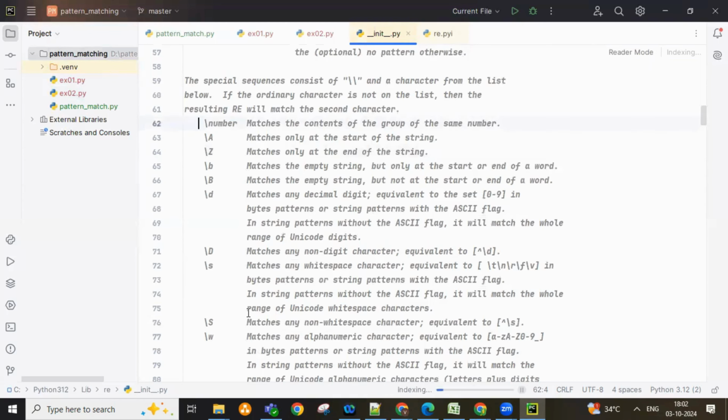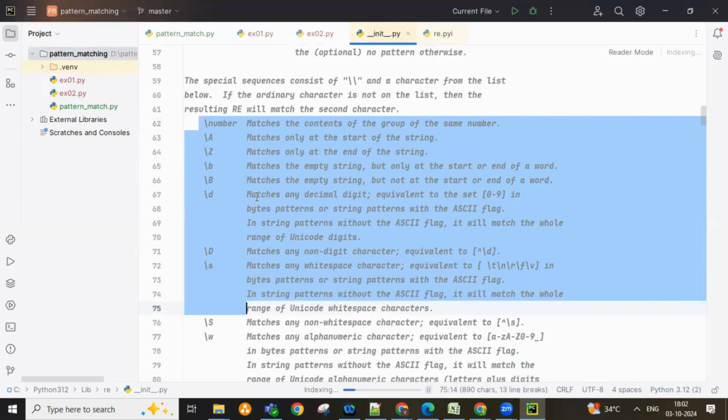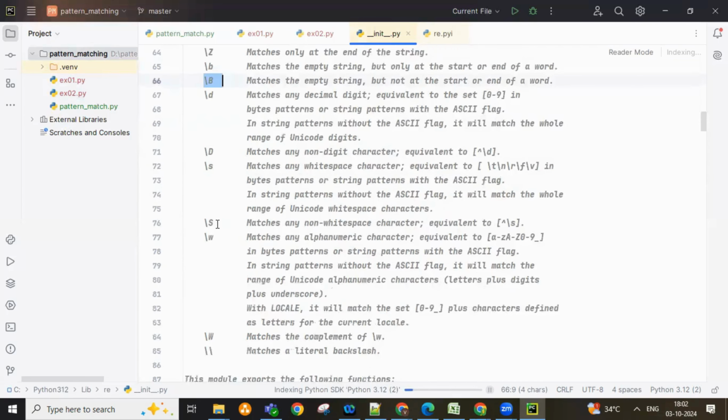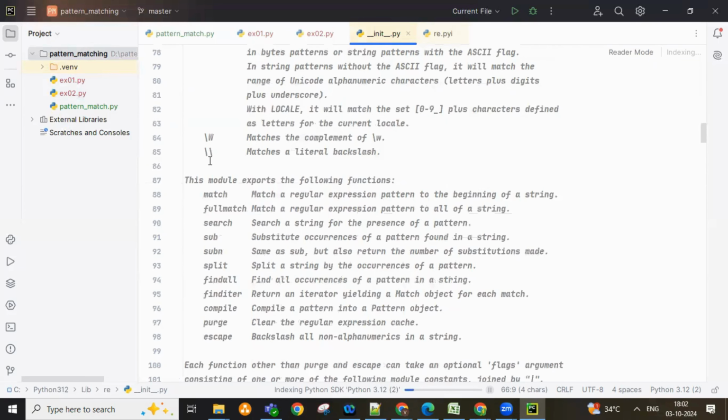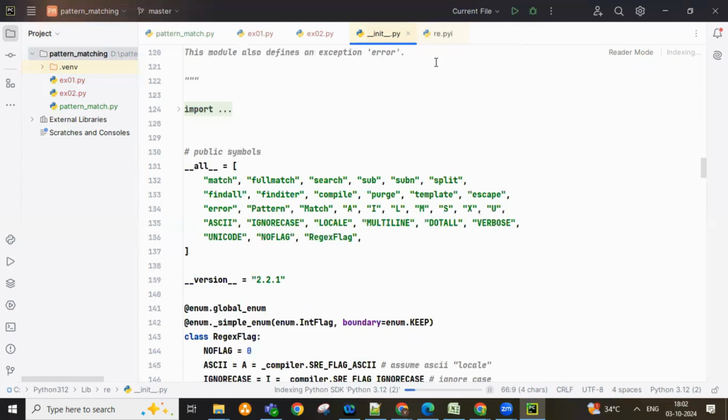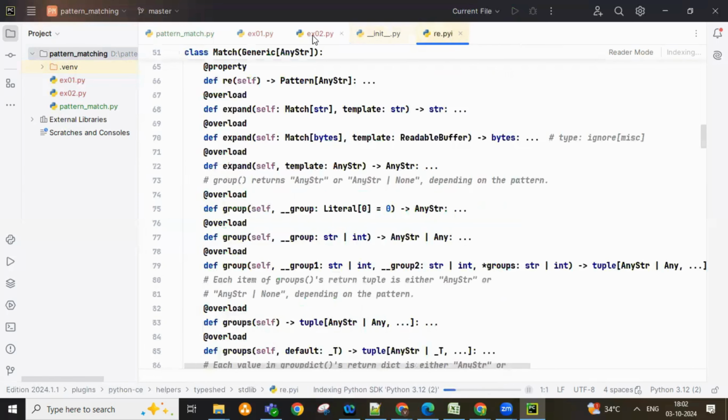There are many things. Slash number, slash A and slash w matches only at the end of the string. Slash b matches the empty string but only at the start or end of the word. So there are many things in real time, but if you know a few things, that would be fair enough to work on the examples.